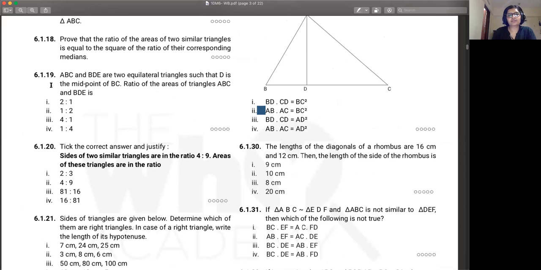Let's look at 6.1.19. ABC and BDE are two equilateral triangles such that D is the midpoint of BC. Then the ratio of the areas of triangles ABC and BDE is. For clarity, ma'am, you can just draw the figure. Yes, ma'am.